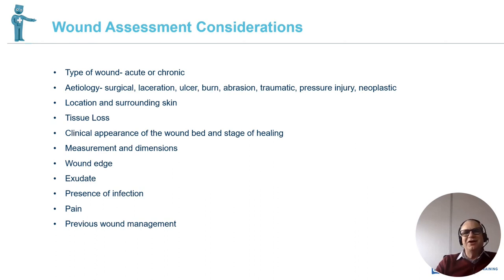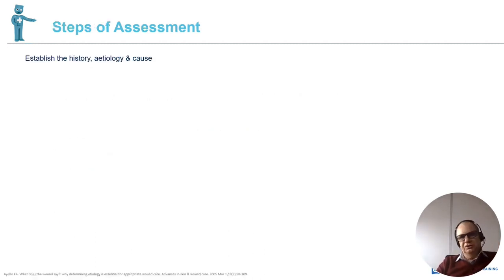Is there any infection? But also understanding the aspects that concern the patient, for example, things like pain. And also remember that we need to understand, if we are not the first person managing this patient, what has happened before. What type of management was happening there? Was the management that was implemented working or not?